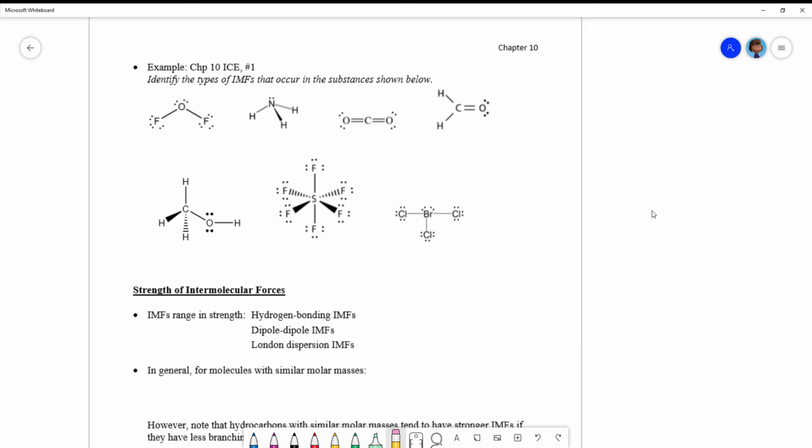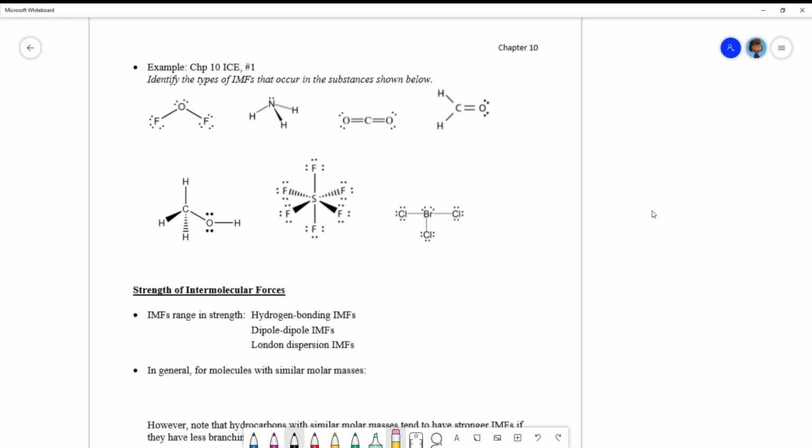Now, in the case of this example, I'm already giving you the correct Lewis structures, and I'm also showing the Lewis structures in perspective so that you can see their shapes very clearly. But this is key. You've got to know the shapes of these molecules, or you cannot get whether they're polar, and then you can't get whether they have a particular type of IMF or not.